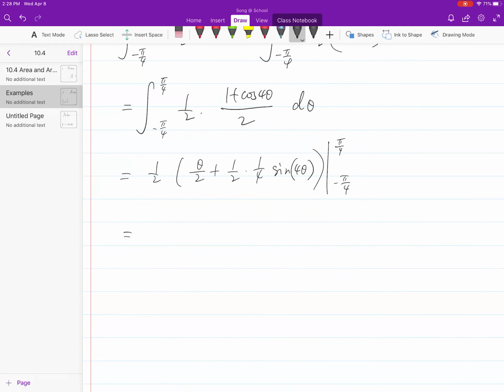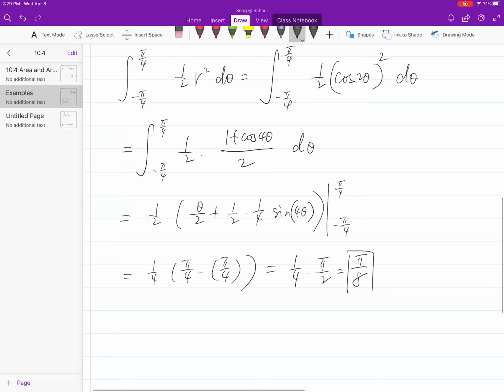Then the rest is just 1/4 theta at here minus the theta here. So together, what you should have is 1/4 times pi over 2, which is pi over 8.